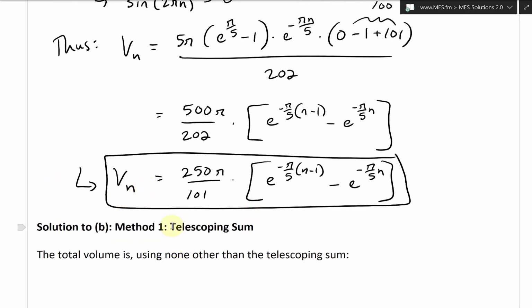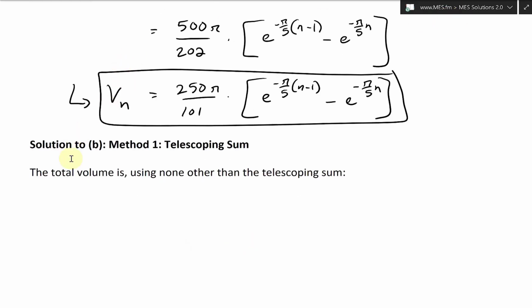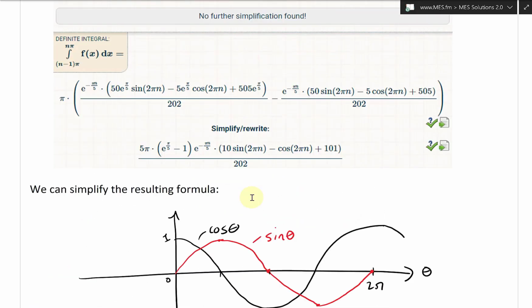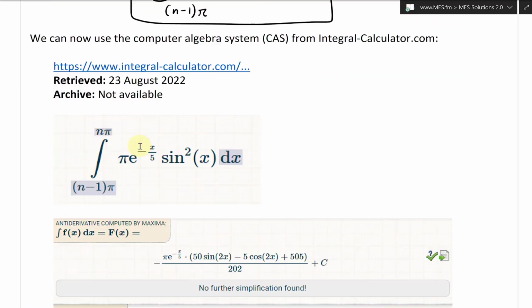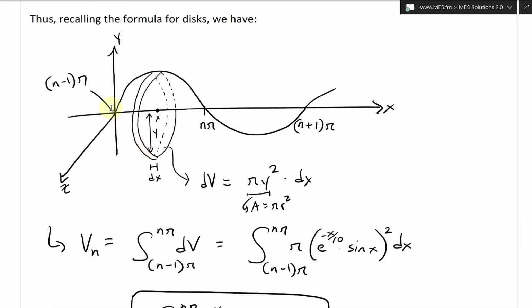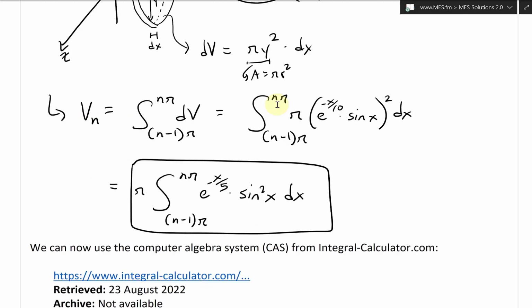So method 1 is a telescoping sum, as per always. Alright, so the total volume, using none other than the telescoping sum, is, so this is the nth one, but I'll just write it all out from the integral part. So this is the integral of the nth bead, but we're going to go from 0 to infinity. So we're going from the beginning all the way to the end.